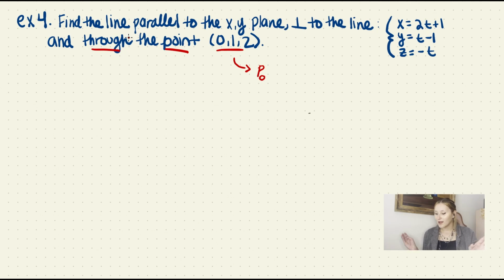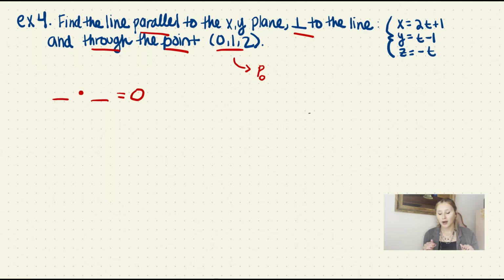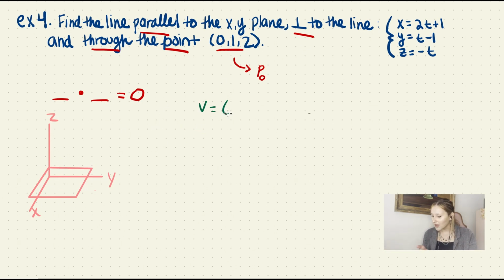So we're going to find a line parallel to the xy plane and perpendicular to that line. So if a line is going to be parallel to the xy plane, the directional vector is going to be in the form something, something, 0, because it is not going to move in the z direction at all. So I just put A, B, 0 here.